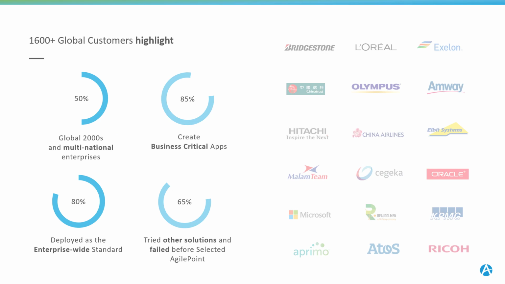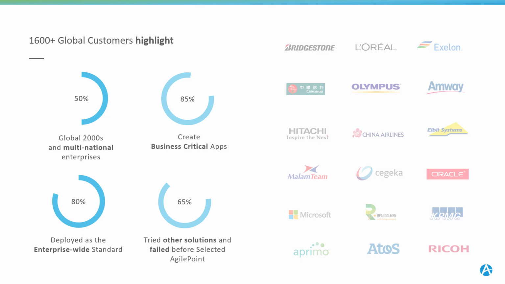Now briefly, I'm going to share a cross-section of those 1,600 customers, and as you're seeing, some of the largest brands rely on AgilePoint, as well as many other small and medium businesses. The fact of the matter is, regardless of your organization's size, everyone can benefit from AgilePoint's ability to break down organizational and data silos and provide innovative experiences that wow your customers wherever they might be.